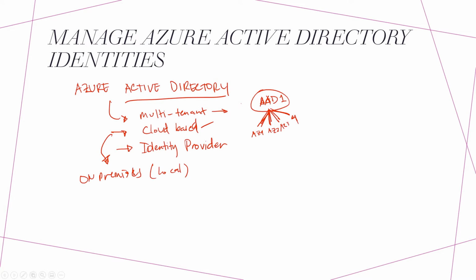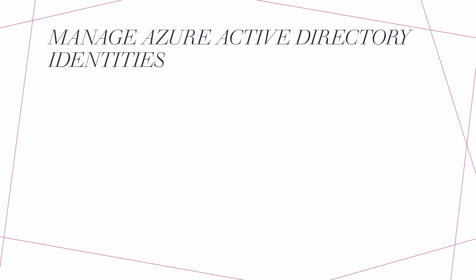Now, before we compare these two a bit more, let's see what the identity management capabilities of Azure Active Directory are. Let me just clear my board. Okay, so Azure AD can do the following.